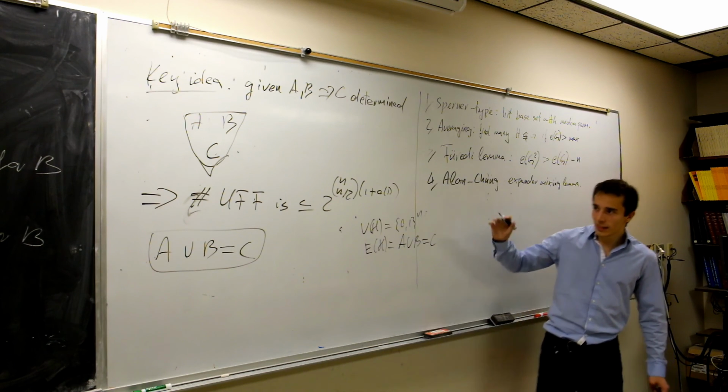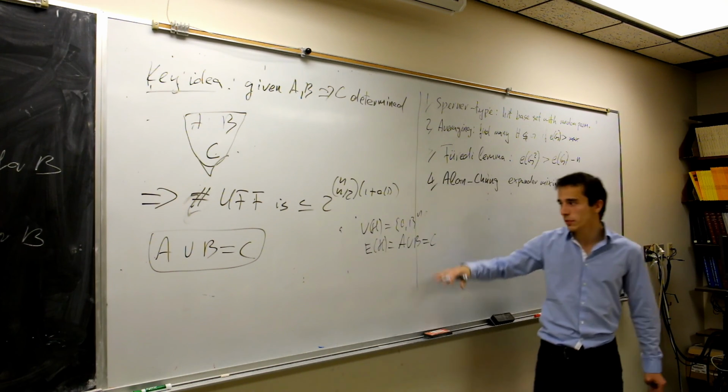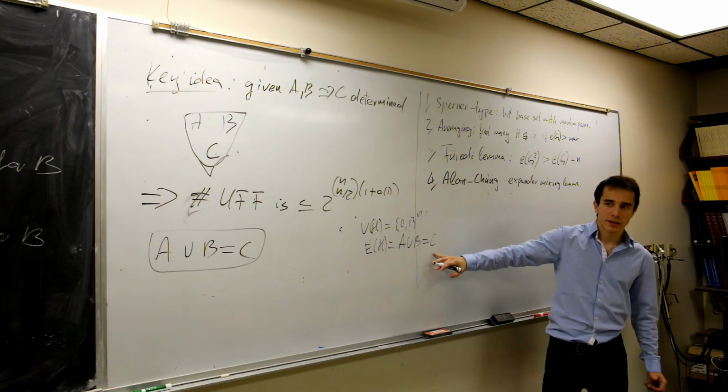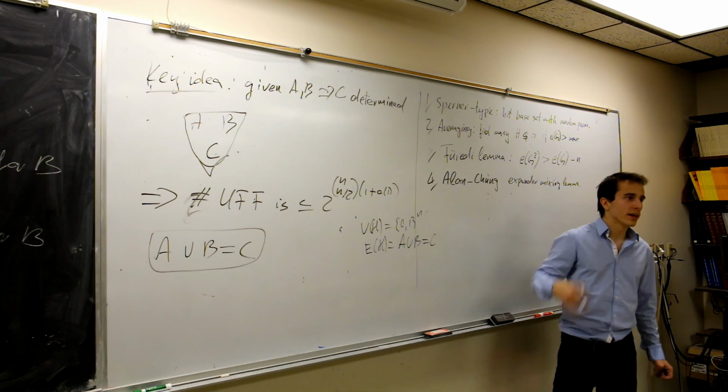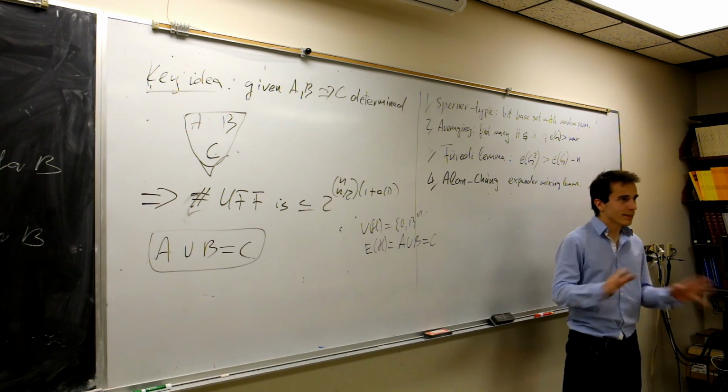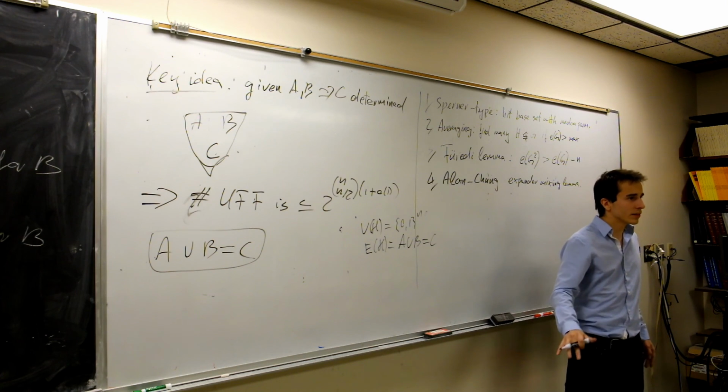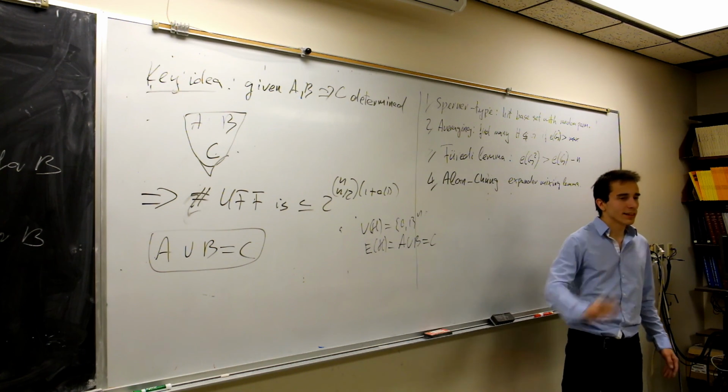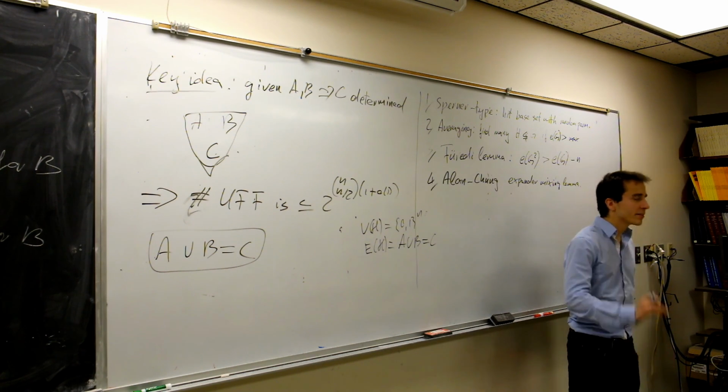And then a union-free family directly corresponds to an independent set in this hypergraph. So we just have to find a clever way to count independent sets in some hypergraphs. And that's what the container method really does. It just counts independent sets in hypergraphs in a very, very tricky way.